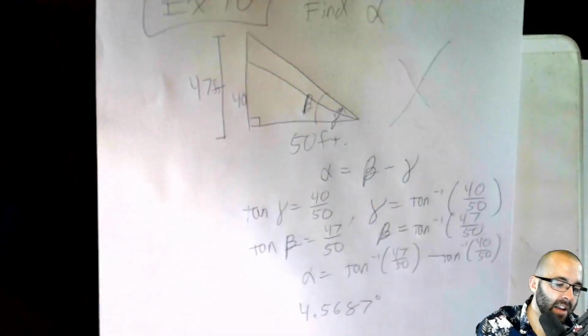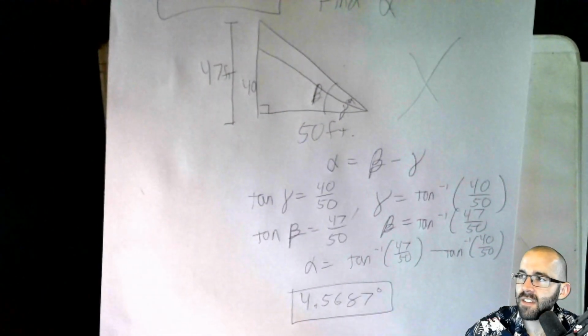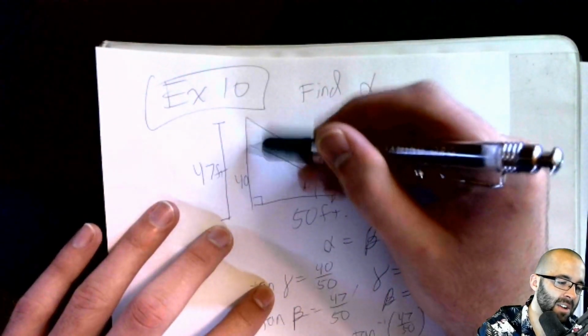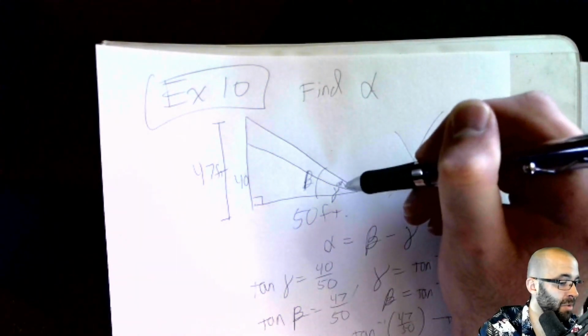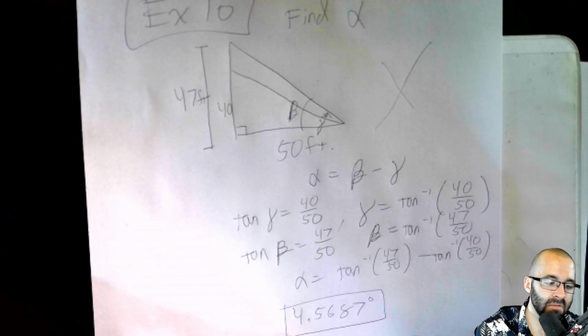And every time you're doing an application problem, you should say, does this make sense? Well, these two are kind of close to each other. The angle should be pretty small. 4.5 degrees is pretty small. This is on the small side of what makes sense to me. So yeah, sure, I believe it.